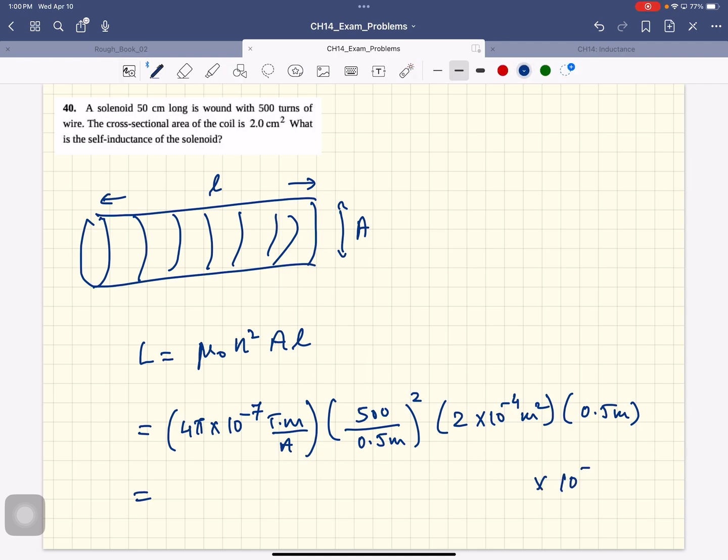So we have a total of 10 to the minus 7, 4 pi, and the units will be henries, into, 5 divided by 0.5 is 10. 10 square is 100, so that's 100 into 2 times 0.5. All right, that's 1. And 4 pi is 12.56.